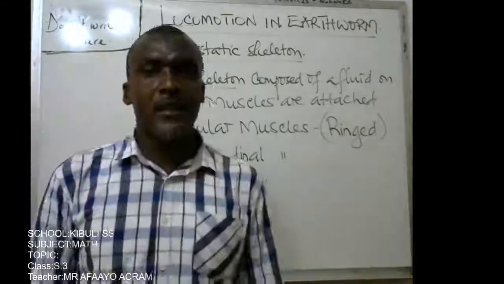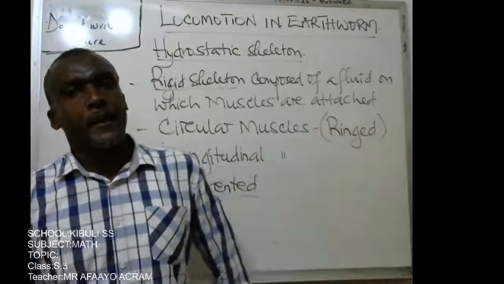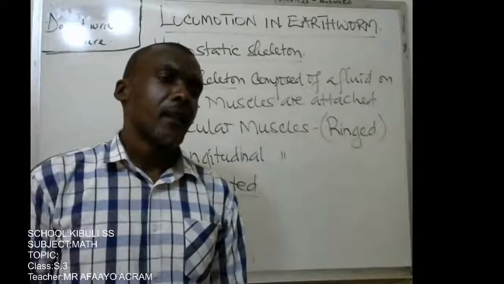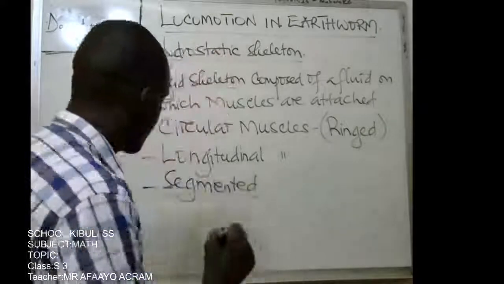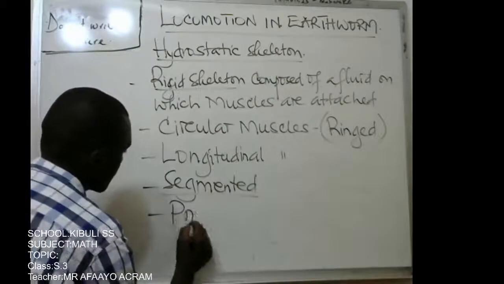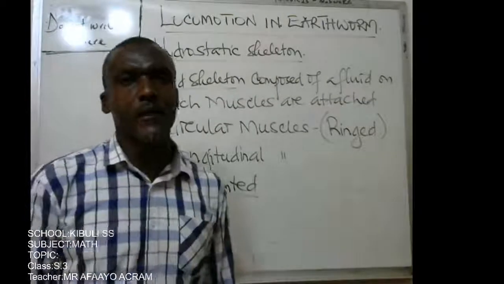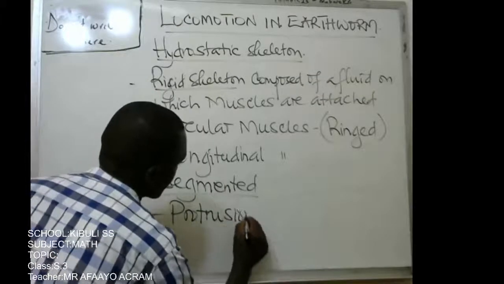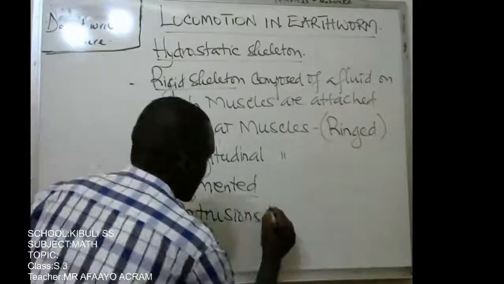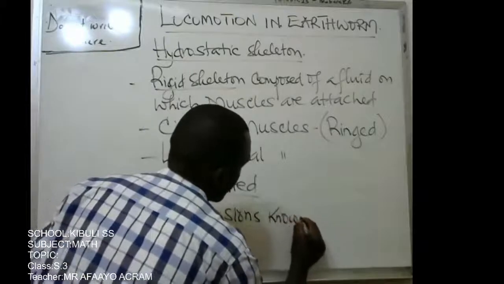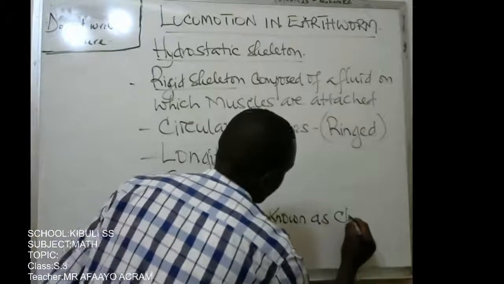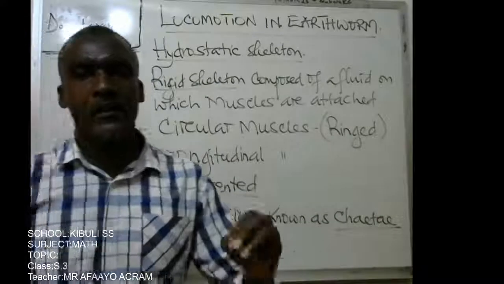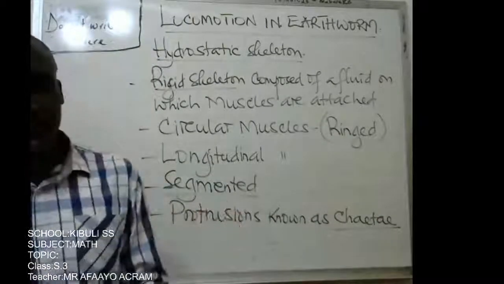Then the other interesting feature about locomotion in an earthworm is that each segment has protrusions known as chaetae. These protrude out of each segment.